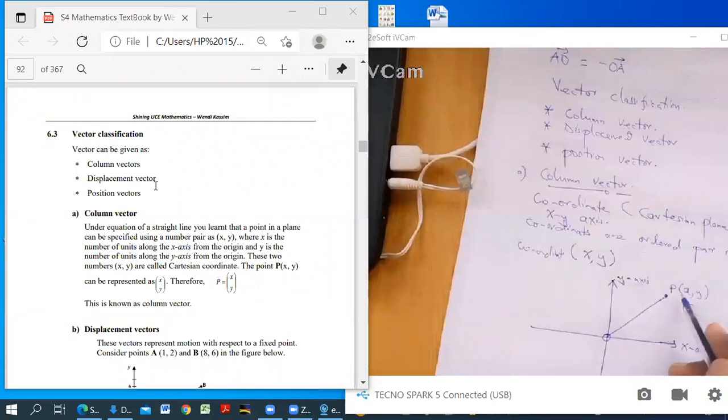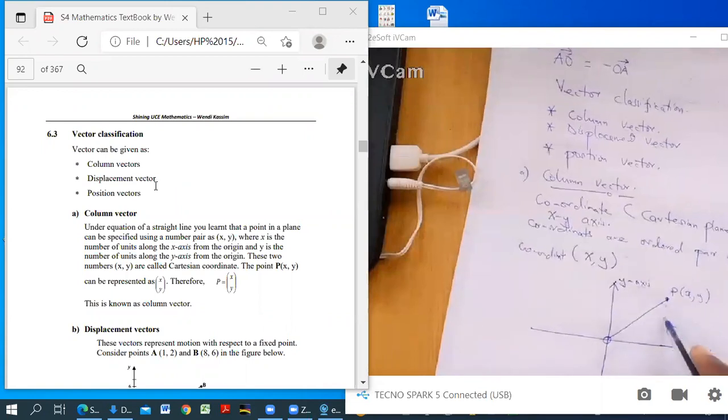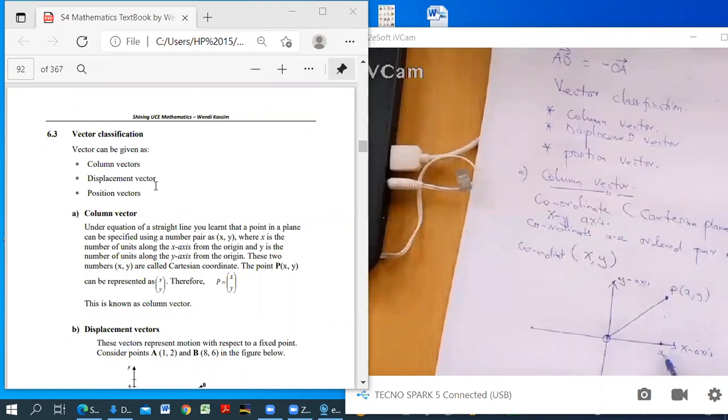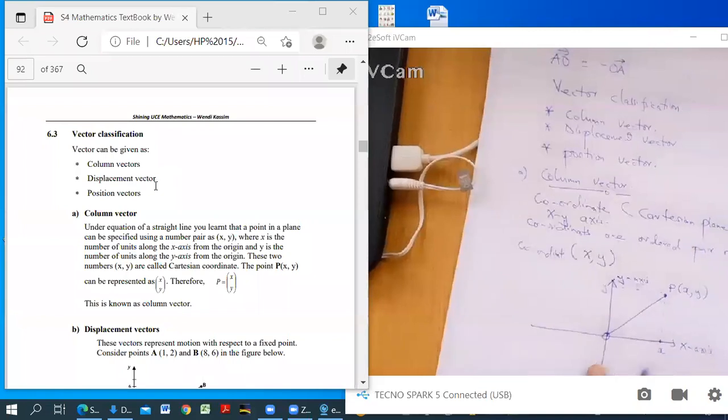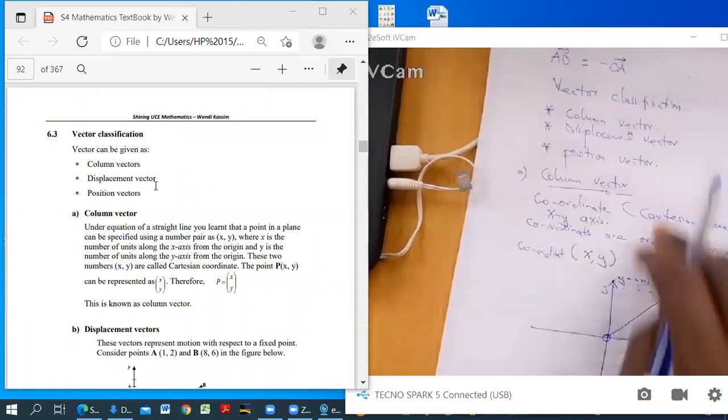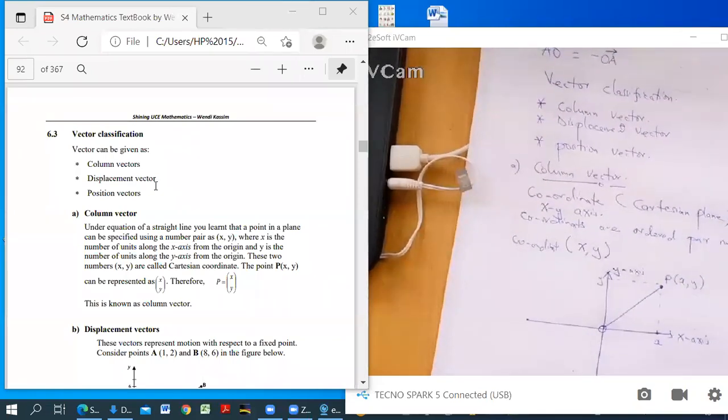All movement must start from the origin, first in the X direction, then in the Y direction.